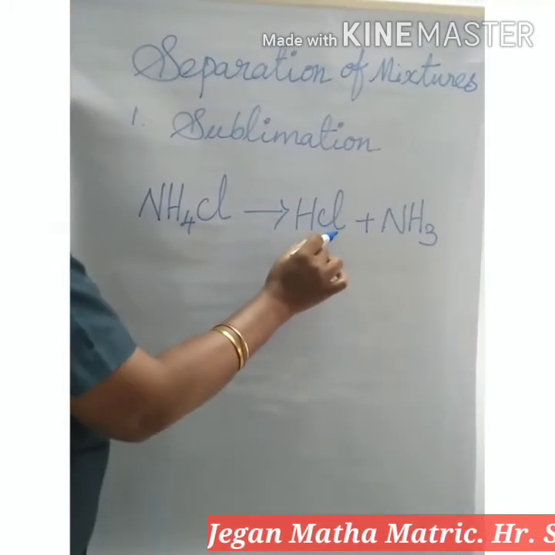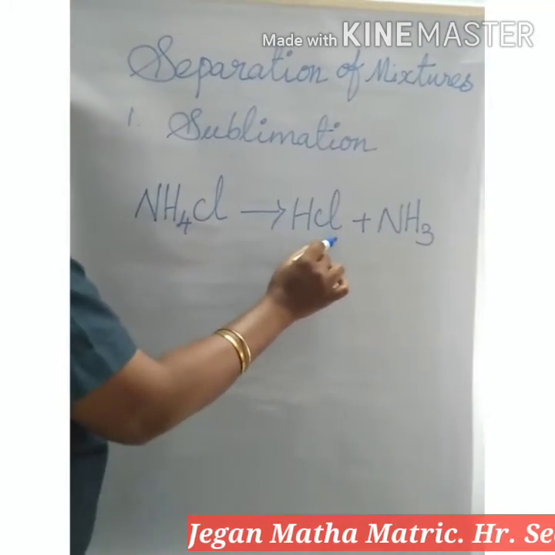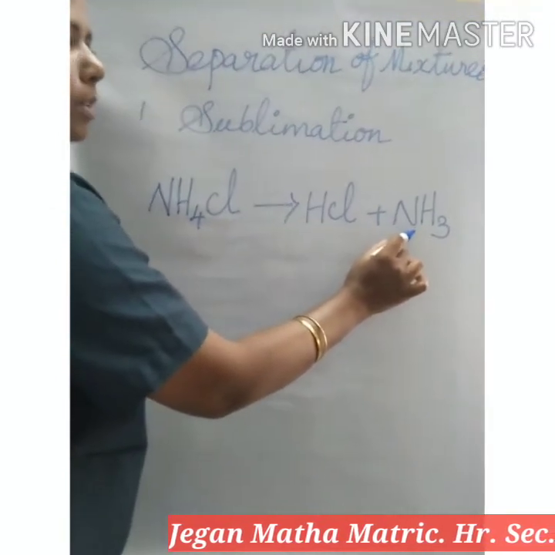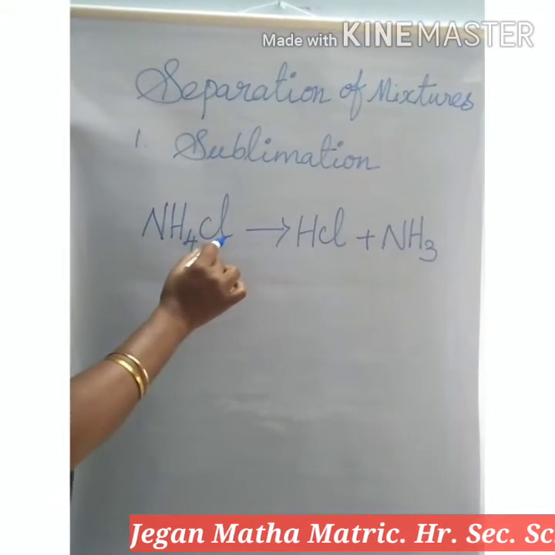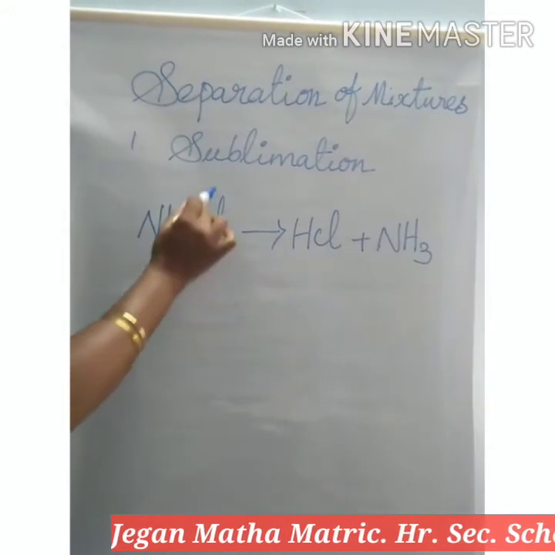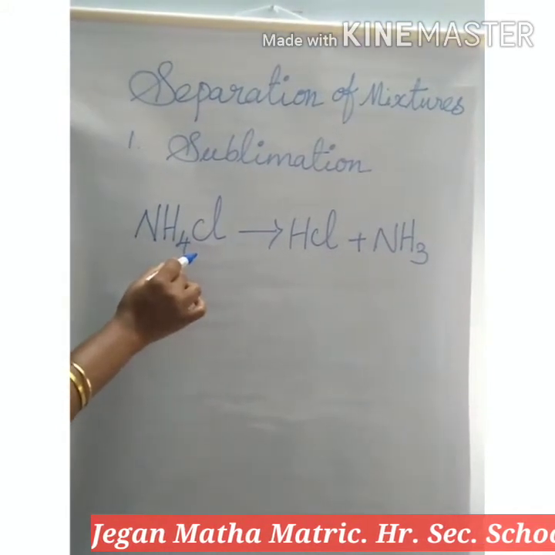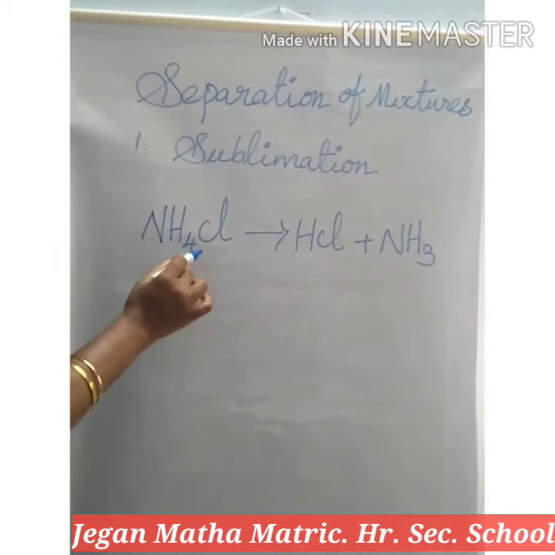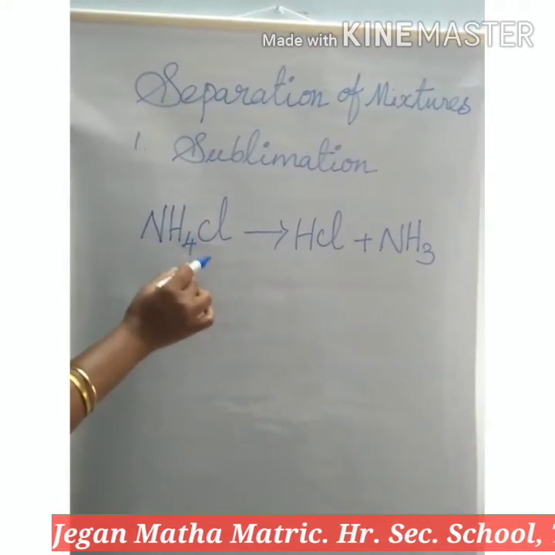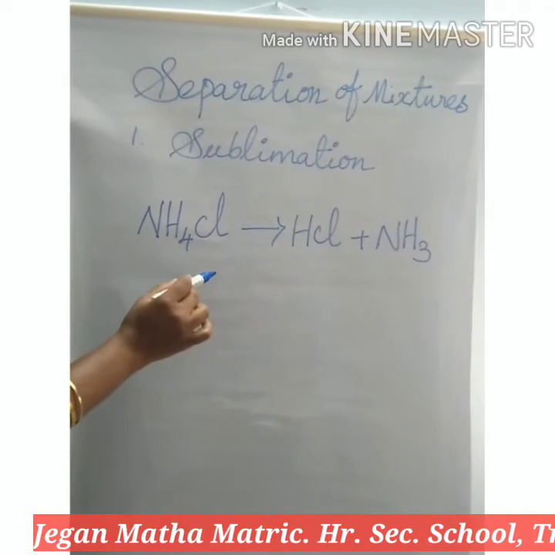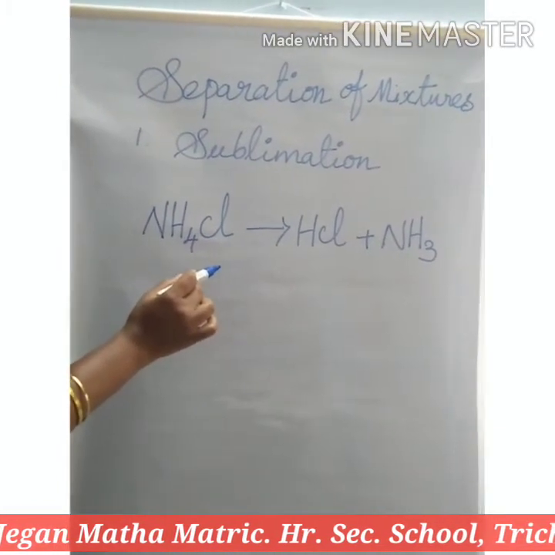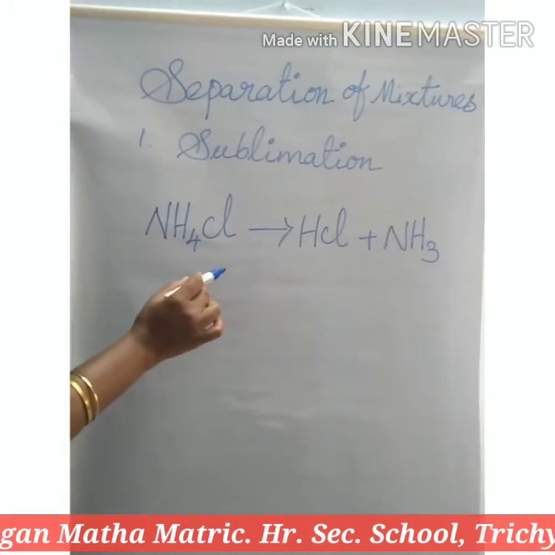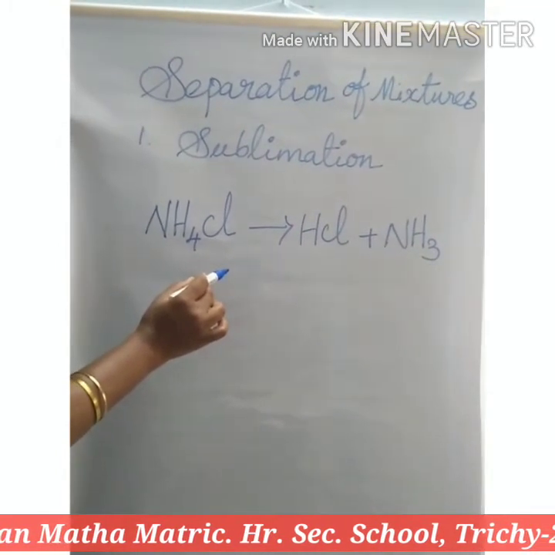The formula of hydrochloric acid is HCl. The formula of ammonia is NH3. I repeat, sublimation is the process in which a solid substance when heated is directly changed into the gaseous state. For example, iodine, ammonium chloride, camphor, etc.